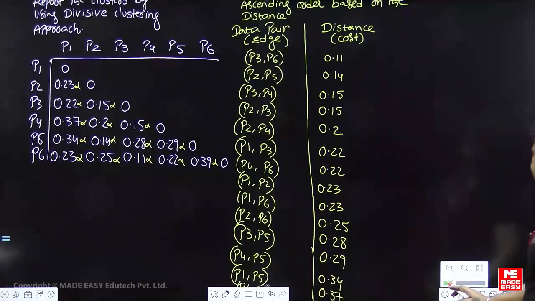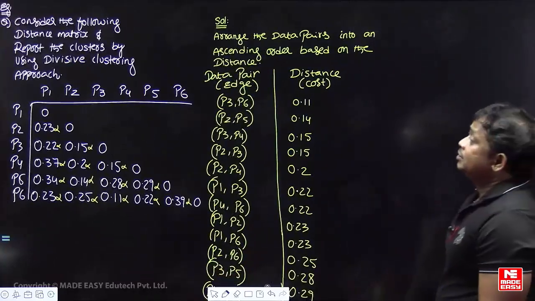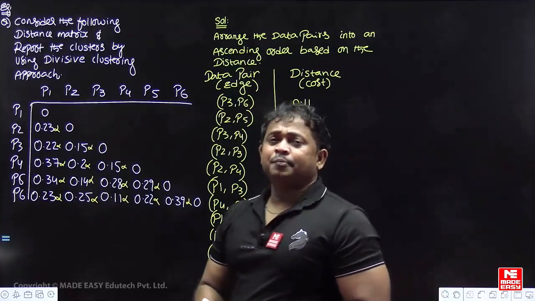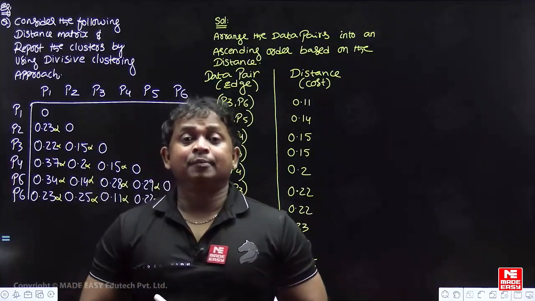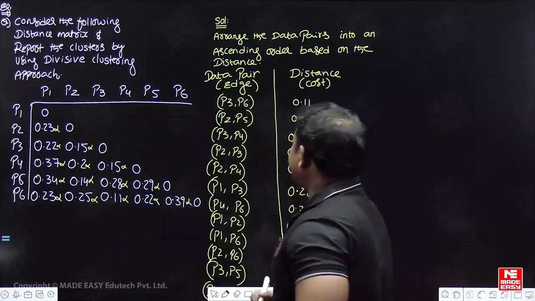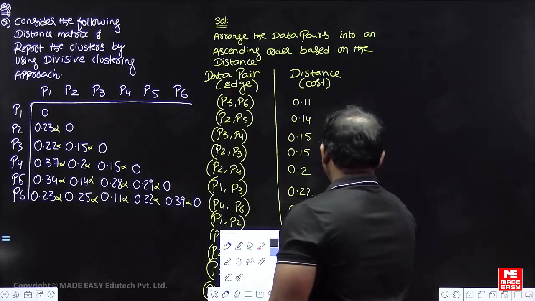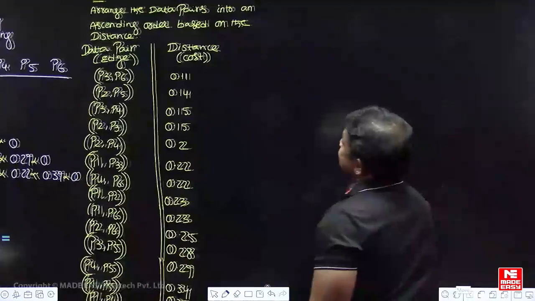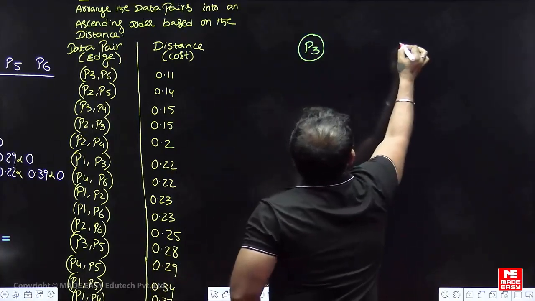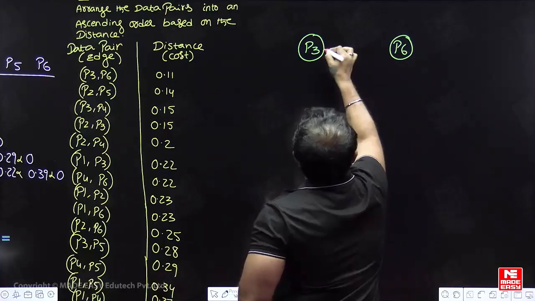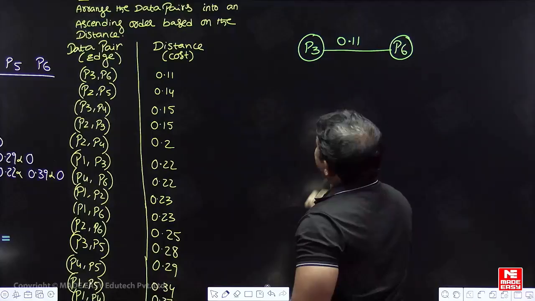After arranging the data points in ascending order, we need to construct the minimum spanning tree by providing edges between the data points, starting with minimum cost. The spanning tree is like this: P3, P6 are connected with an edge, and that edge cost is 0.11.